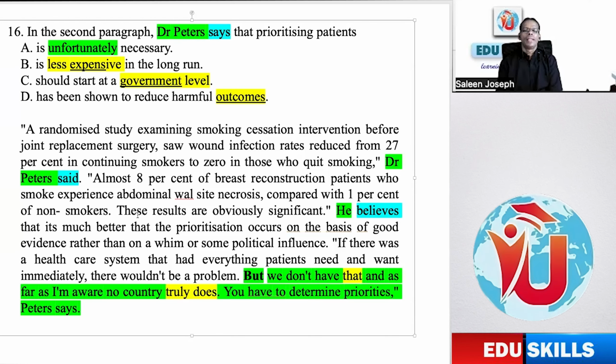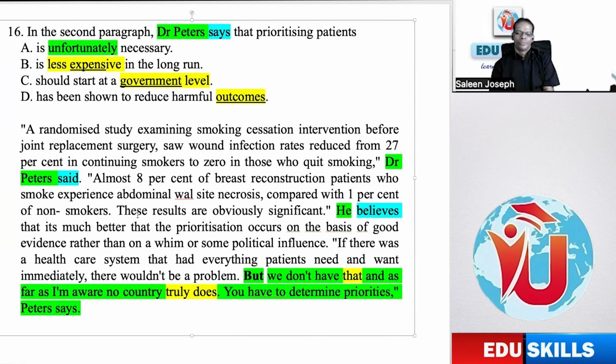They are giving evidence about the impact of smoking or not smoking on infection rates in the patients. Now, ultimately, the problem is we haven't looked into the sequence of the text. This is speaking about those who are not ready to quit the smoking, and they have a lot of infection.